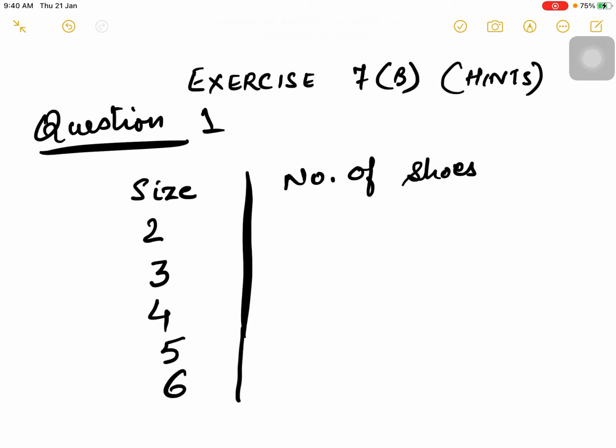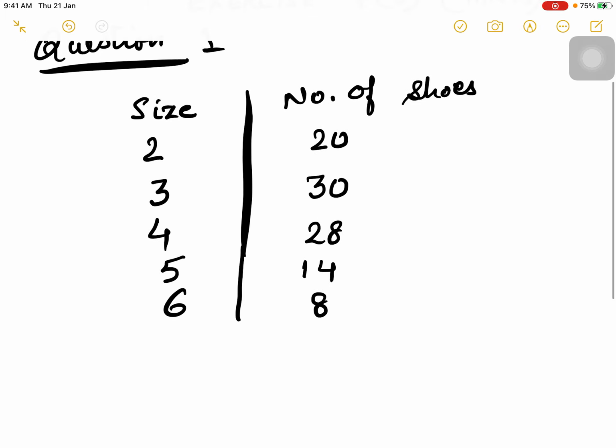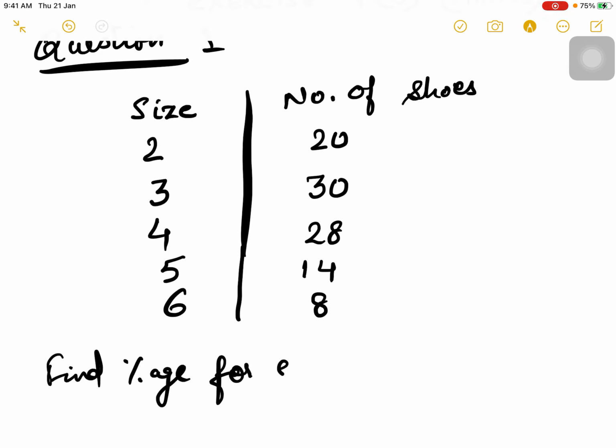That means number of shoes for size 2 is 20, size 3 is 30, size 4 is 28, and then 14 for size 5, and 8 shoes for size 6. Okay, so we have to find the percentage for each size.